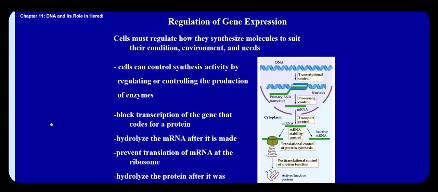I can't put it with a ribosome to do translation and make a protein, so no protein. I can prevent translation of the messenger RNA at the ribosome. Don't let the messenger RNA interact with the ribosome. I'm not going to get a protein. Or, final one, I could make the protein and destroy it. If I destroy it, I don't have the protein to go and do whatever that protein was going to do.